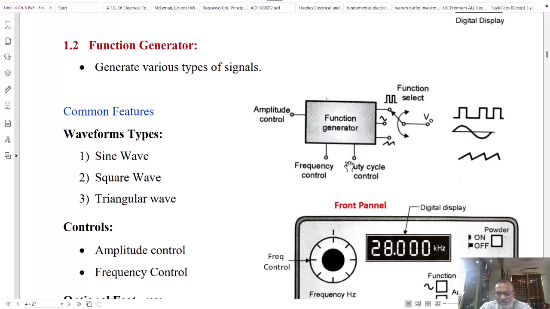That can be adjusted by a knob provided for duty cycle control. Similarly, we can increase the on time much higher than 50% of the time period, then the duty cycle is higher than 50%. The duty cycle control practically provides a duty cycle change from around 1% to 99% of the time period.